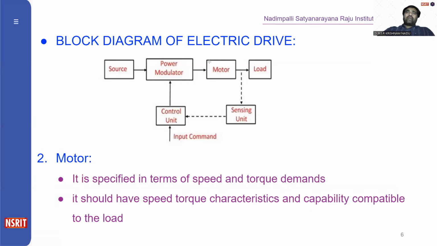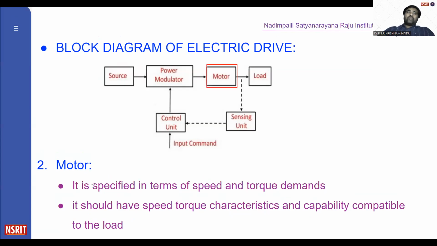What will the motor do, and how will we choose it? The motor is specified in terms of speed and torque demands. Whenever you need to purchase any motor, it is specified in terms of what the RPM is and how many Newton meters of torque are to be generated.